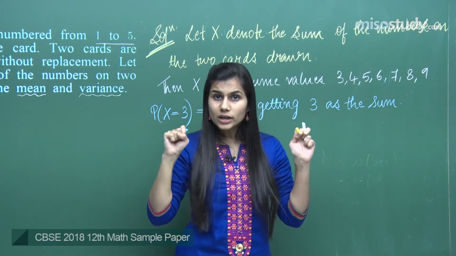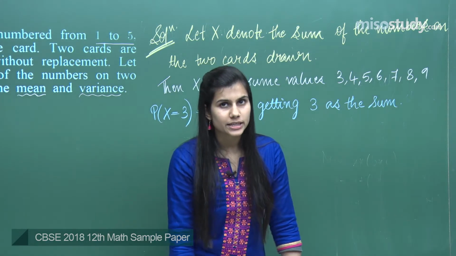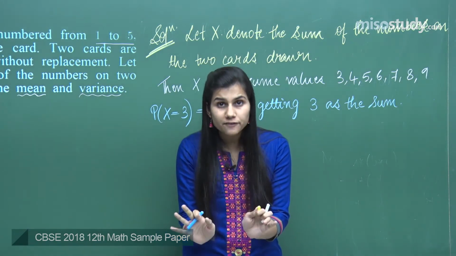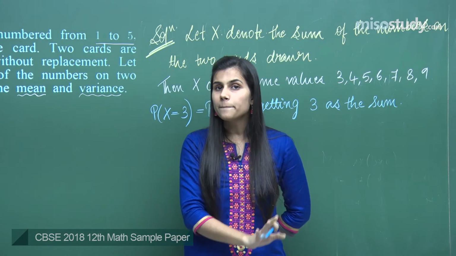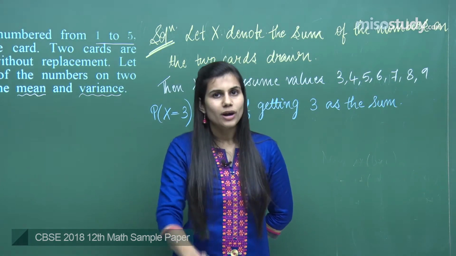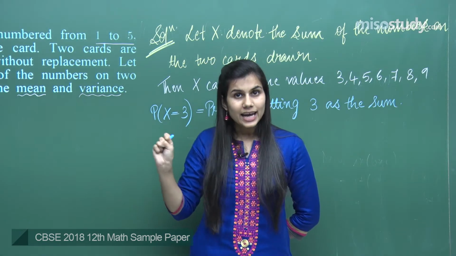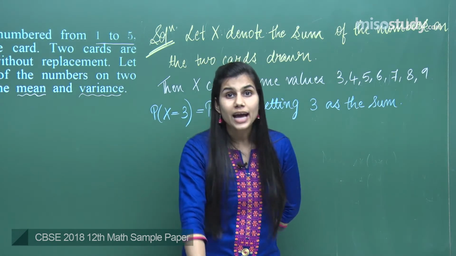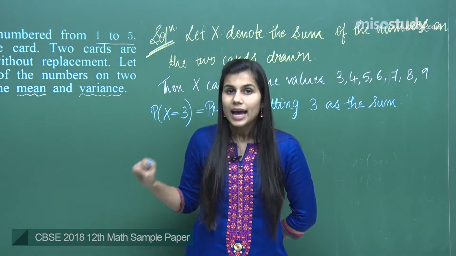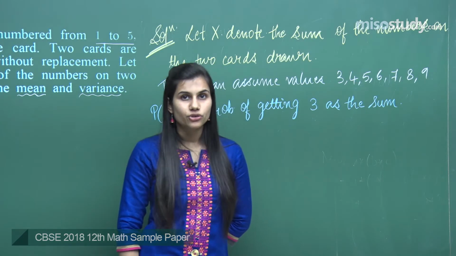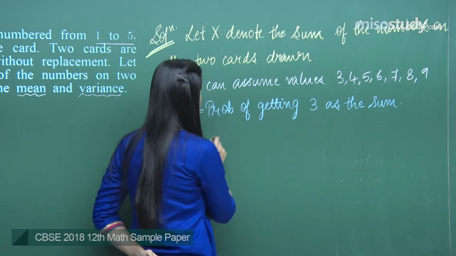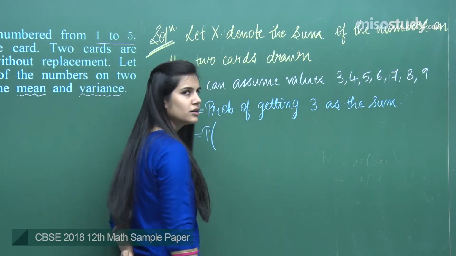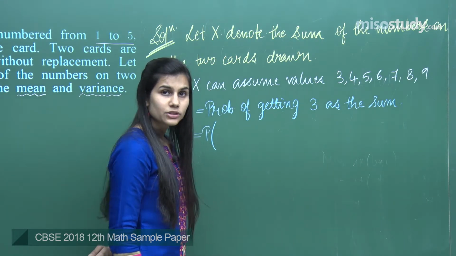When I am drawing 2 cards without replacement from this set of 5 cards, each of the card is numbered from 1 to 5. So I have withdrawn one card, then I have kept it with myself, suppose, and then I have withdrawn another card. And I want the sum to come out to be 3. When can the sum come out to be 3?